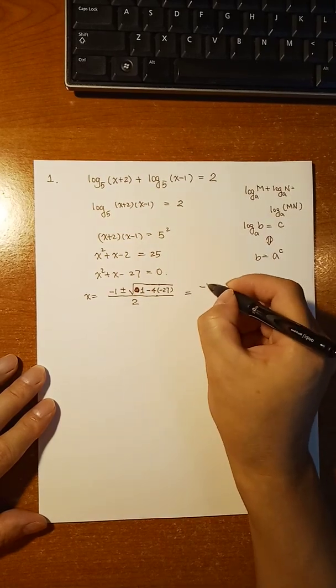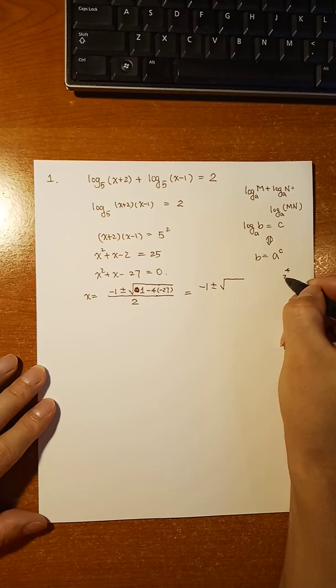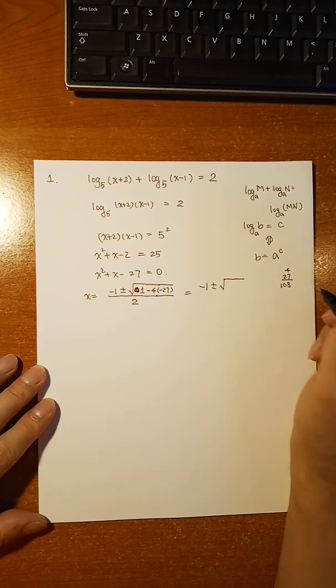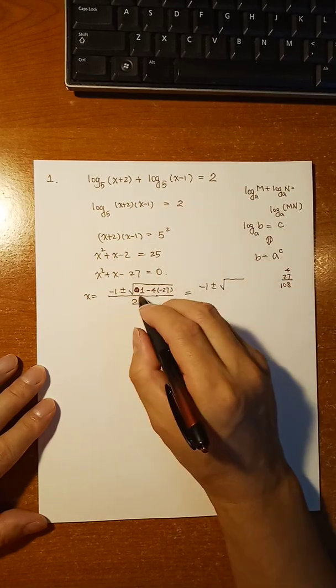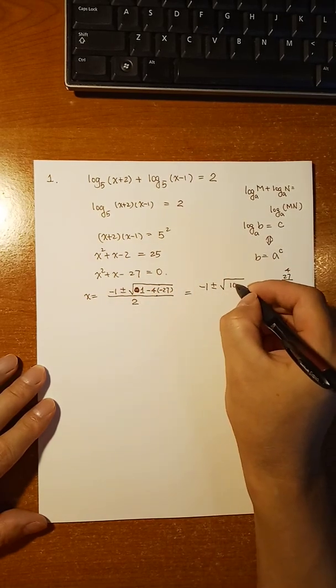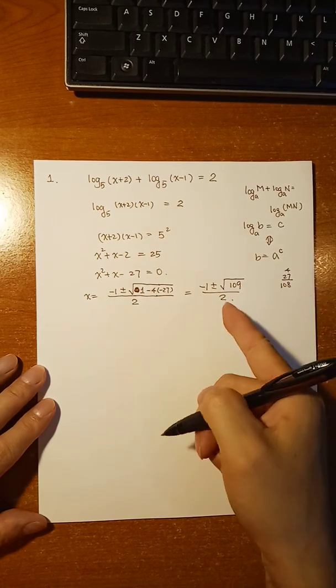So it's negative 1 plus or minus the square root of what? 4 times 27 is 108, plus 1. Here, minus is plus. So it's the square root of 109, over 2.